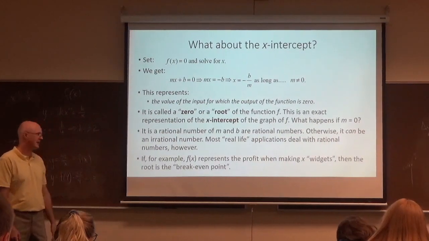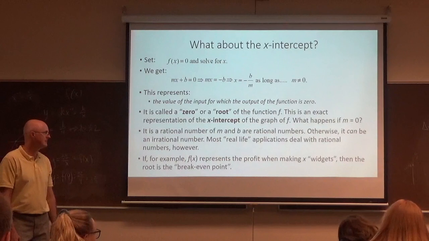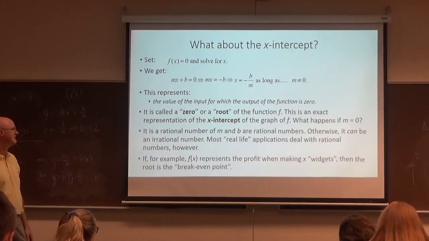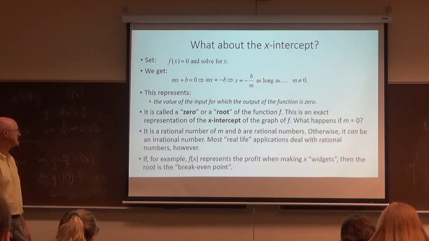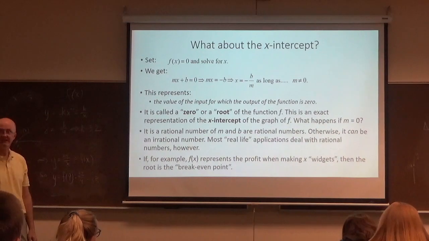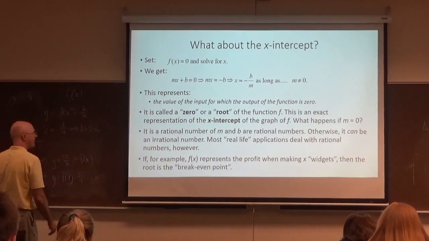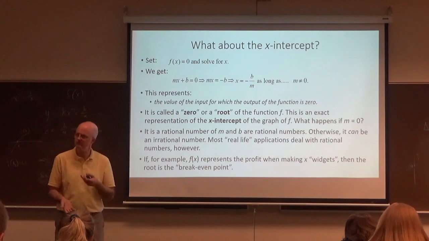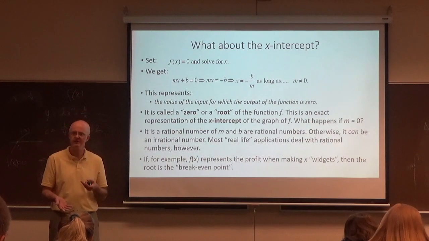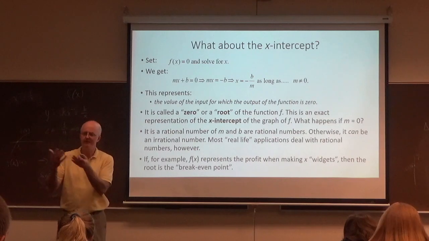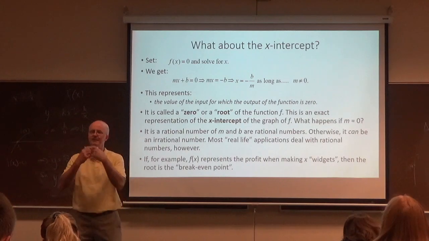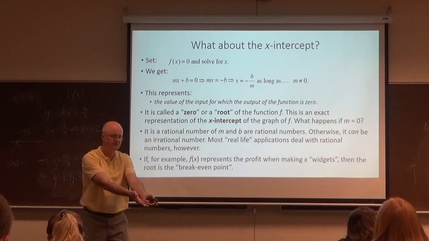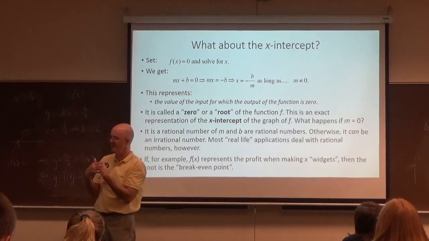If, for example, like I mentioned, f of x is the profit or cost, different things it could be, of making x widgets, then the root is the break-even point. Yeah, profit can be positive or negative in a business situation. Profit is the amount of money you take in minus the amount of money that goes out. Revenue is how much comes in.